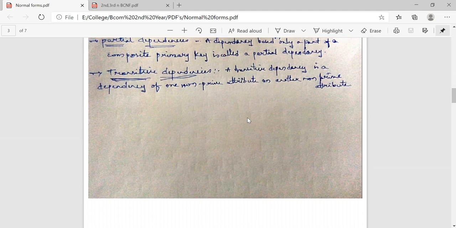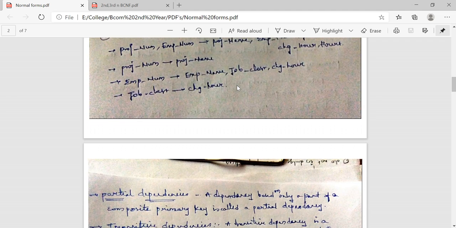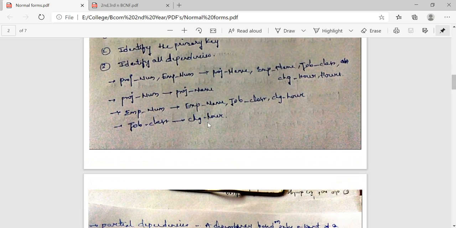Both are non-prime attributes; neither the attribute which is getting determined nor the determinant is part of the primary key. See here, job class and charge per hour. If you want to find out what the charge per hour is, you can find it out with the help of the job class. Neither job class nor charge per hour is part of the primary key.